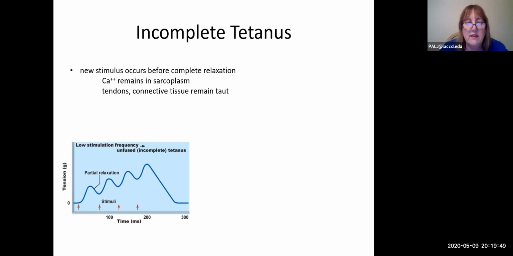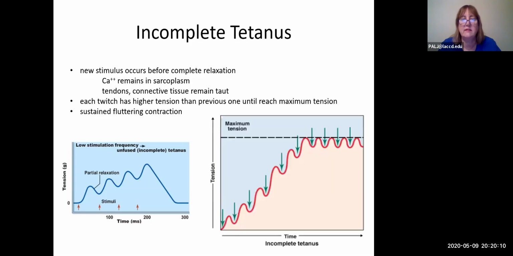This is incomplete tetanus. So I want you to pause it right here for a second and figure out what's the difference between treppe and incomplete tetanus just by looking at the tension. Okay, so hopefully you understood that.